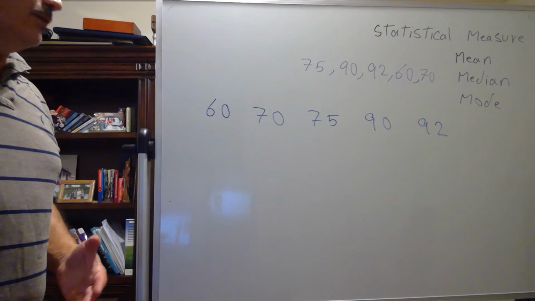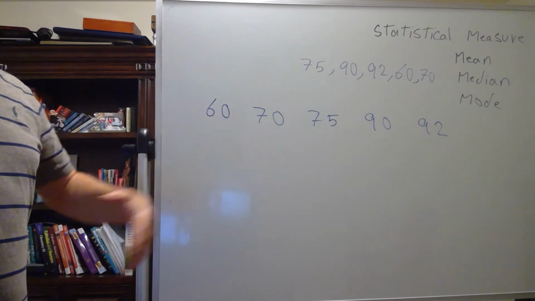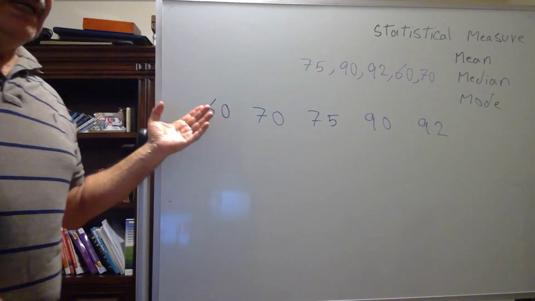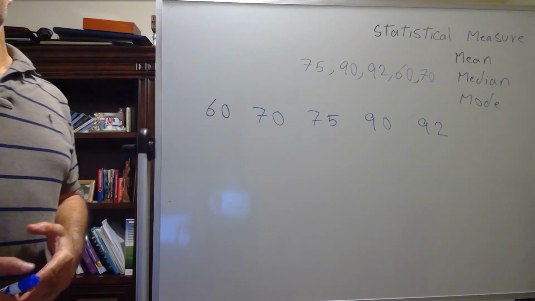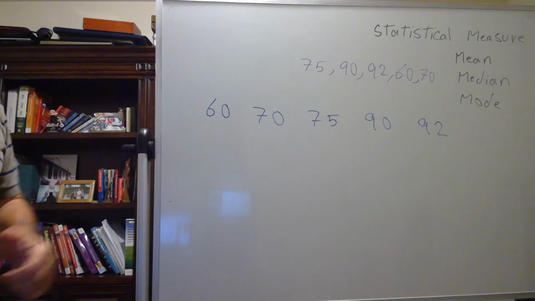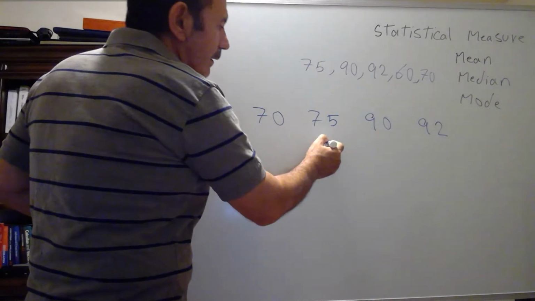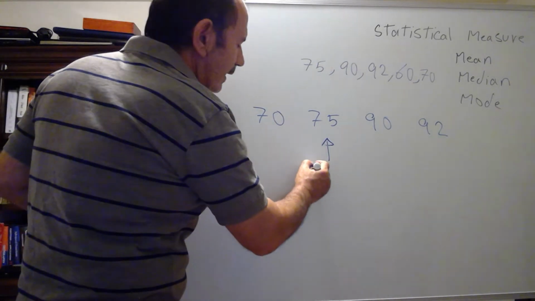Don't forget this step. If you forget this step, then our answer is not going to be right. So after arranging from smallest to biggest, or lowest to highest, find the middle number. In this case, because we have 5 numbers, 2 in the lower part and 2 in the higher part, this 75, the middle number, is the median.